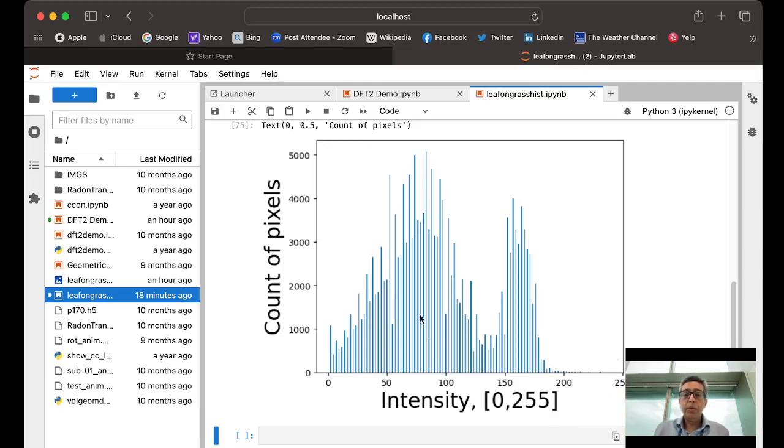This is what the histogram looks like, and you can see there's kind of two broad peaks here. This corresponds to the pixels belonging to the brighter structure in the image, which is the leaf, and this little hill here corresponds to those belonging to grass. The spikiness of the histogram is something that is investigated further in the practical. It has to do with a quantization effect, and a bin capturing either one integer value or two integer values, or two integer values and three integer values.